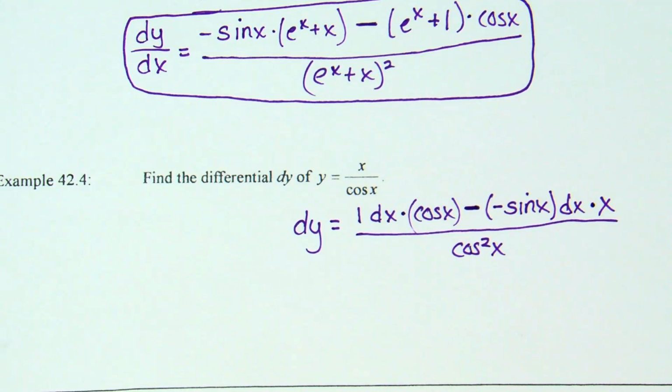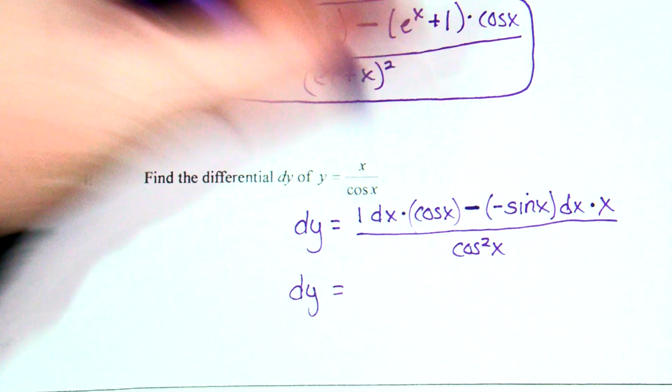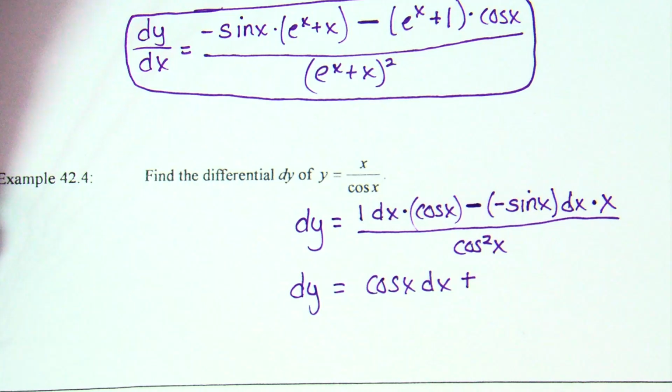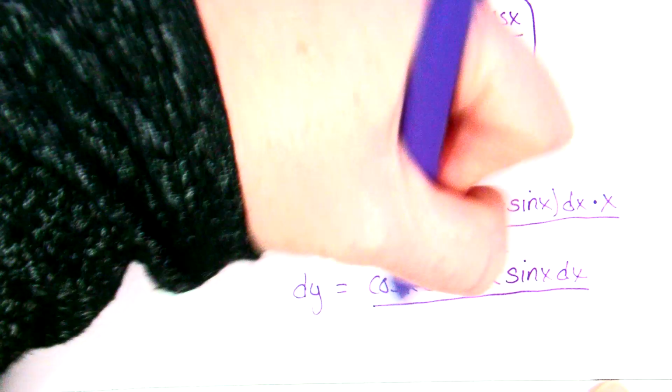I would say doing some cleanup. There are a couple of different ways we could clean this up, and I'm going to show. First of all, 1 dx times cosine x. Yeah, the 1 doesn't need to be written. The dx we tend to put at the end. So cosine x dx minus negative is going to become plus sine x times dx times x, which is best written as x sine x dx, all over cosine squared x.